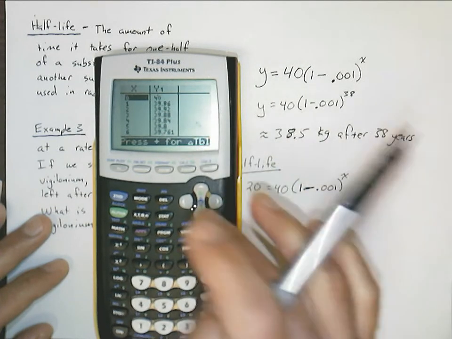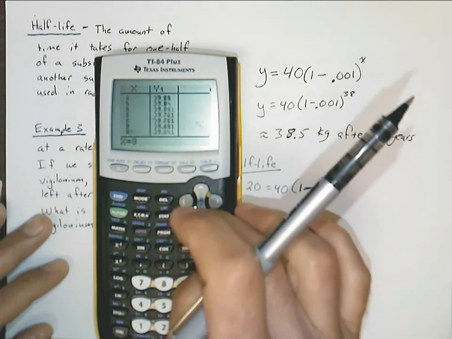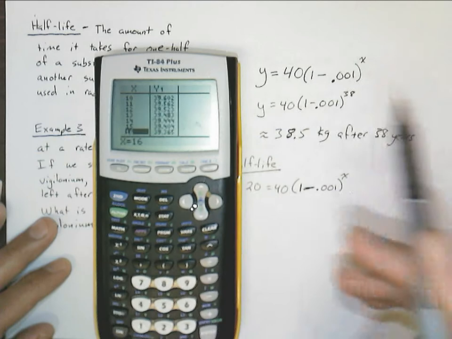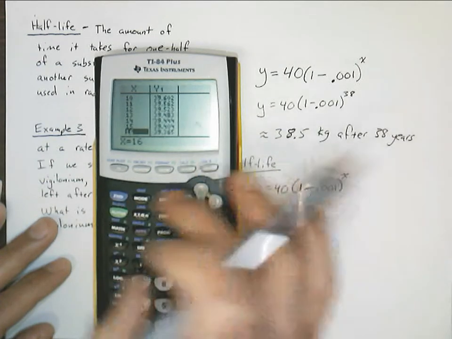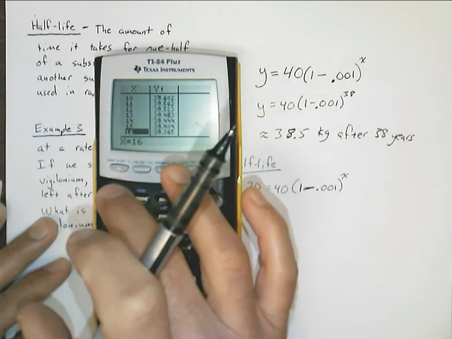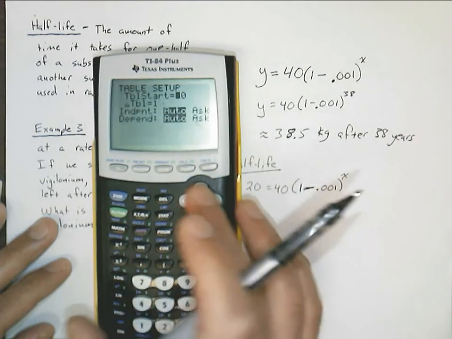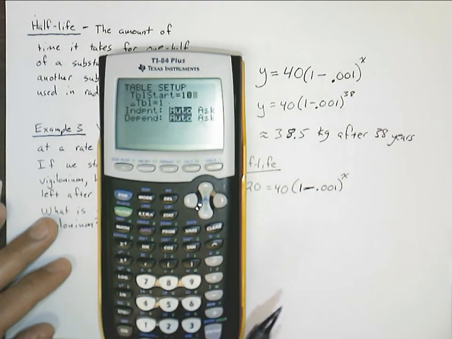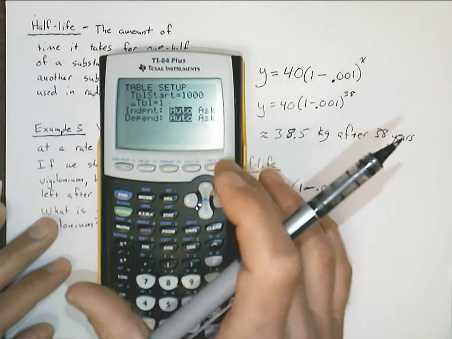We could just scroll down, but this is taking forever, and we don't want to spend our whole day scrolling. So what we could do is change the table set and start our table at a different value. Instead of starting at 10, let's go up to 1,000.